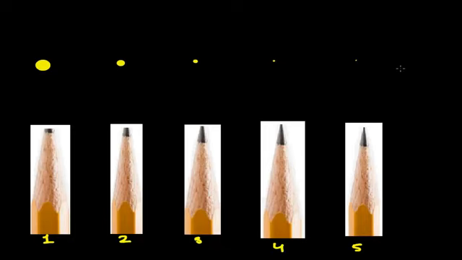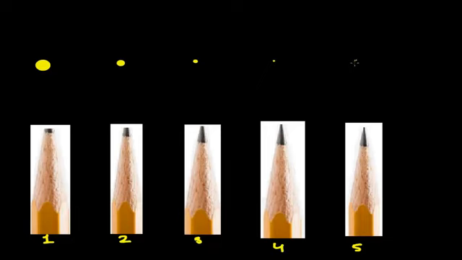Now, as the sharpness of the pencil is increasing, the size of the dot is going thinner and thinner and thinner, right? As the sharpness increases, the dot becomes thinner and so thin, and you can get some idea.